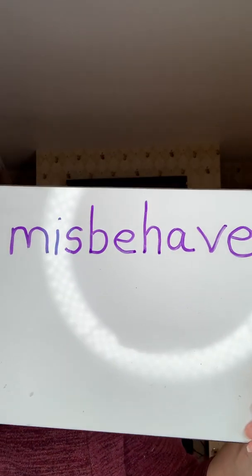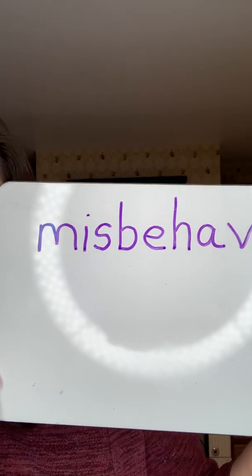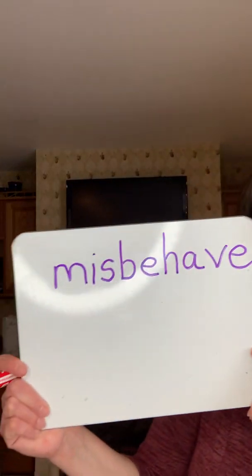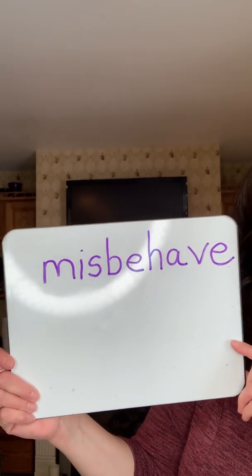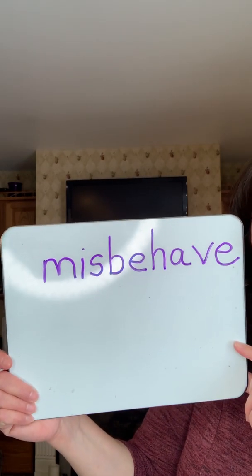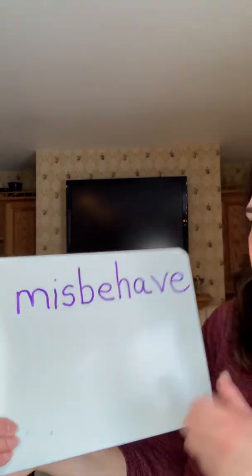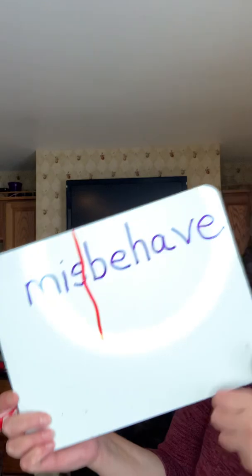So when we look at the word misbehave, I immediately am going to look for the root word or the base word in that word. So I see the word behave as the root word. And I see mis, M-I-S, as the prefix. So I'm going to divide that word right down the middle there.